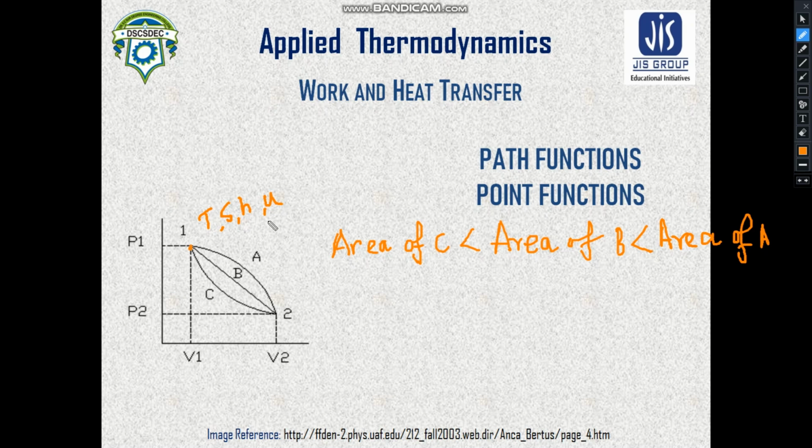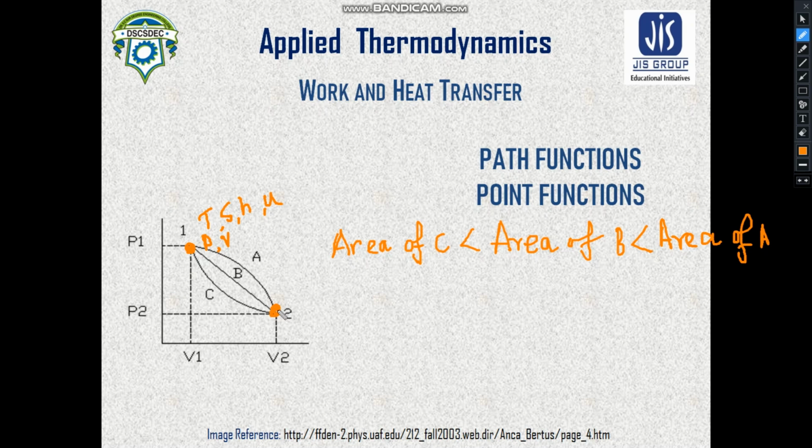Let us not get into that because you don't know yet what internal energy, enthalpy, and entropy mean. Similarly, you can take pressure and volume also. Pressure, volume, temperature, they depend on the state only. They don't depend on the path. So this you have to remember.